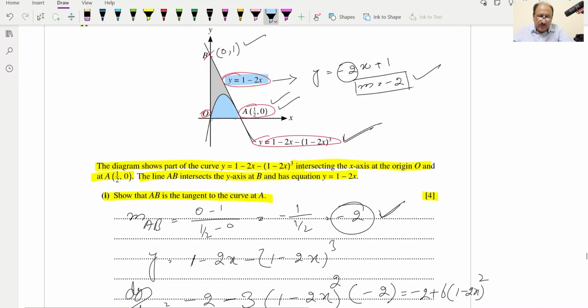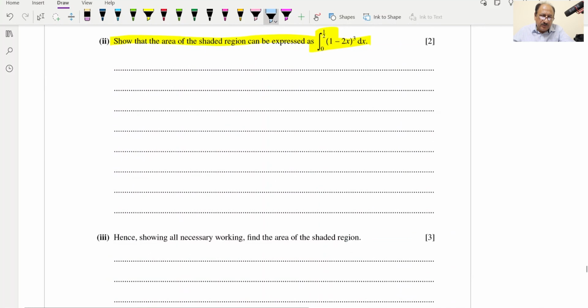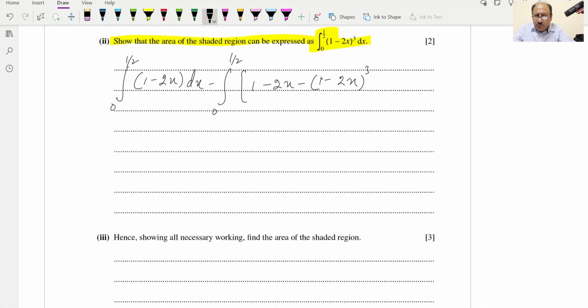So we can write in integral format: the integral of the line from 0 to 1 by 2, the line is 1 minus 2x dx, and we will be subtracting the area of the curve, which is 1 minus 2x minus (1 minus 2x) cubed dx. Now we can take the integral of these two separately.